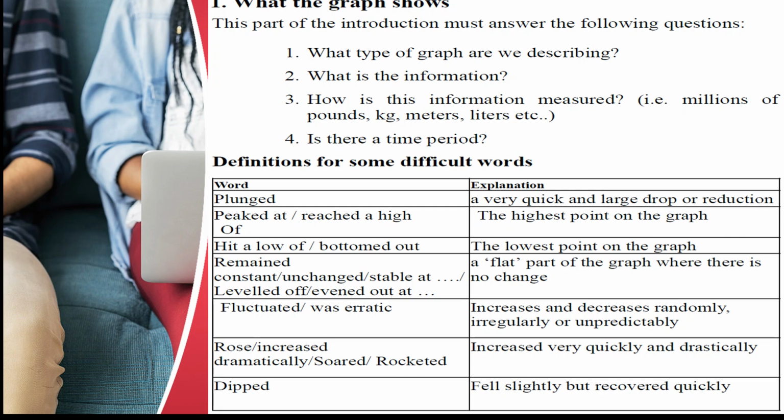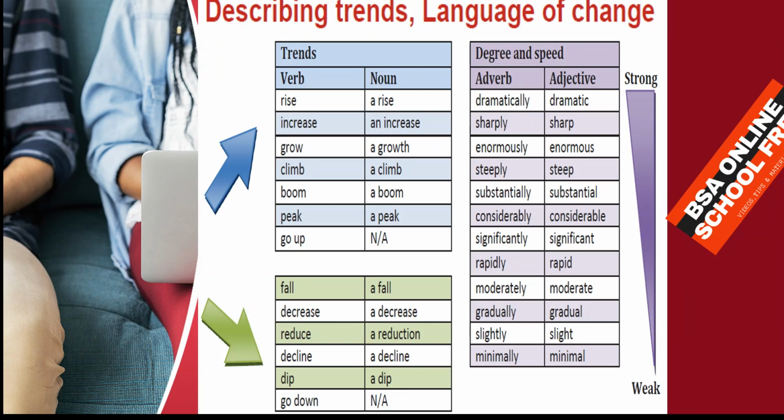So here are definitions for some complicated words. If your arrow is up, there was a sharp rise. You can write: there was an abrupt increase, a rapid growth, a dramatic rise, a significant increase, a considerable growth.